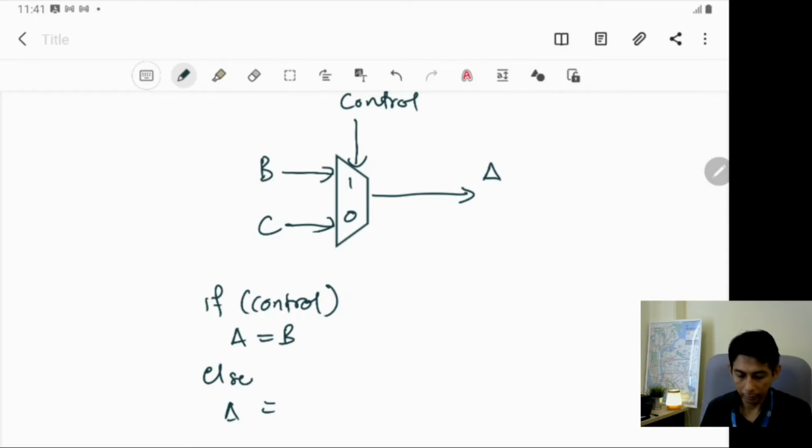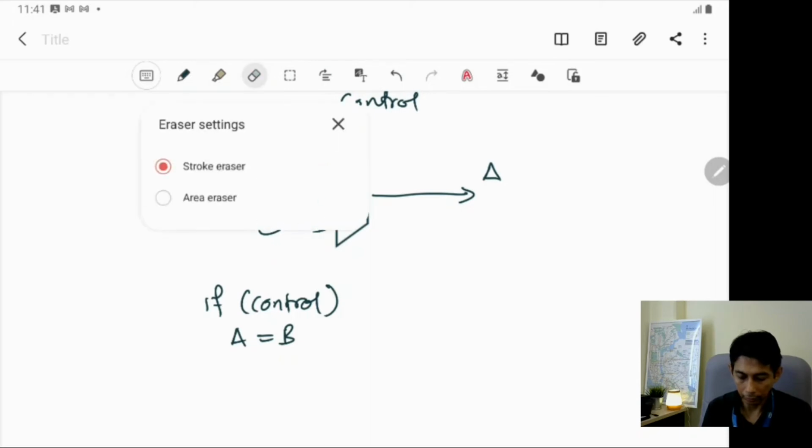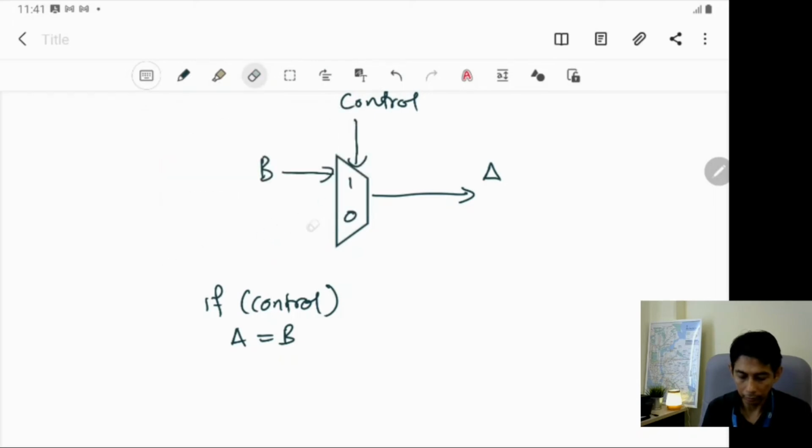Okay. But if we don't have this, we will have a memory element. So when control equal to 0, the output will always be the previous one, which is A. All right.